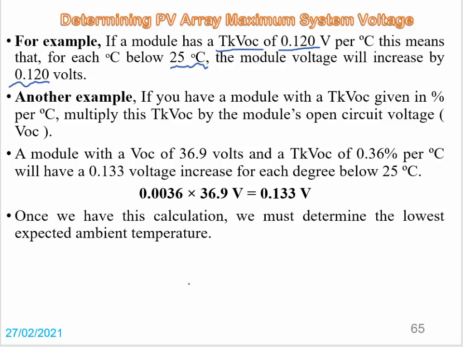For example, let's say the DC V open circuit at the standard condition is equal to 36.9 volts.